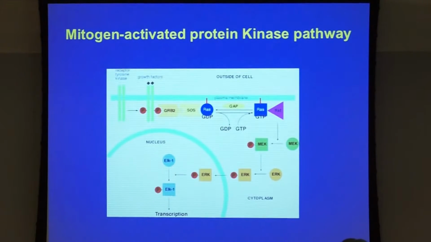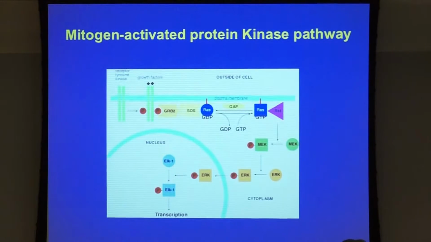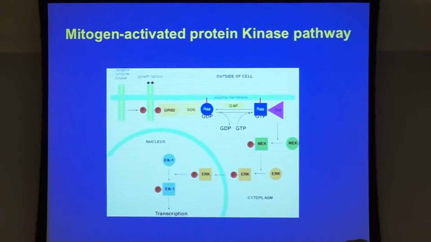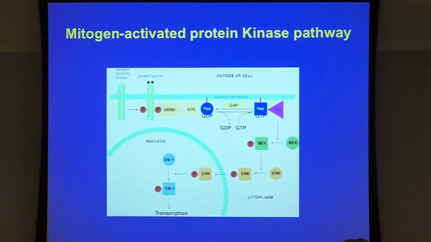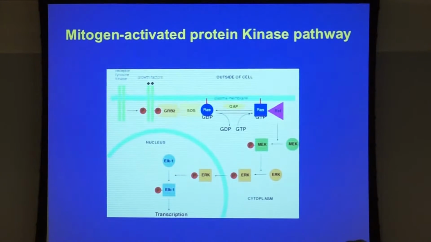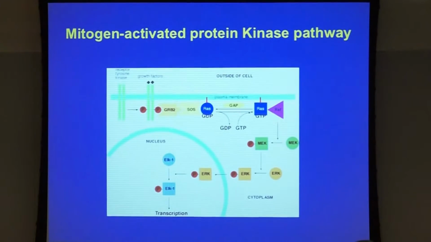So this somewhat complicated slide shows the mitogen activated protein kinase pathway. Now, what I don't have, and I wish I had, is a picture that would show how the genetic abnormality leads to a protein being changed. These proteins are large protein enzymes, and they control the chemical reactions inside the cell.